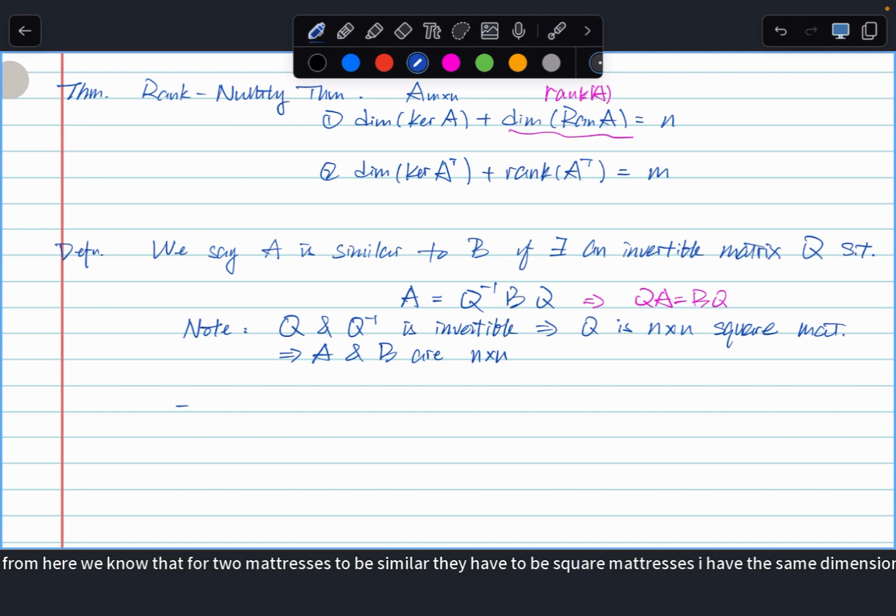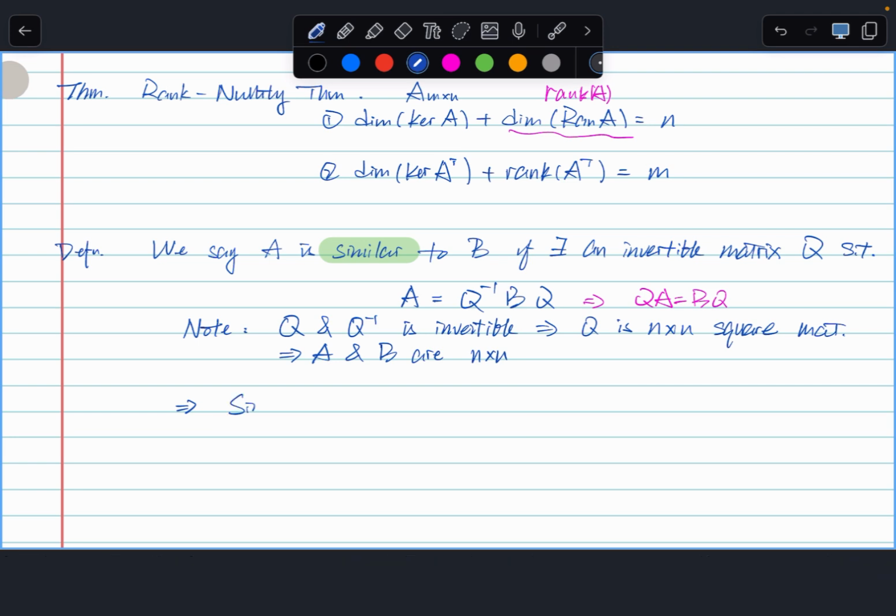So from here we know that for two matrices to be similar, they have to be square matrices and have the same dimension.